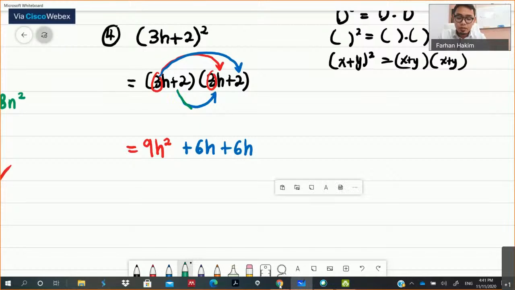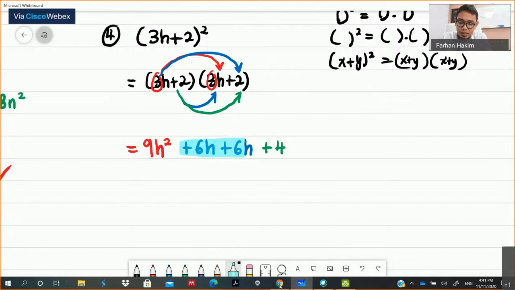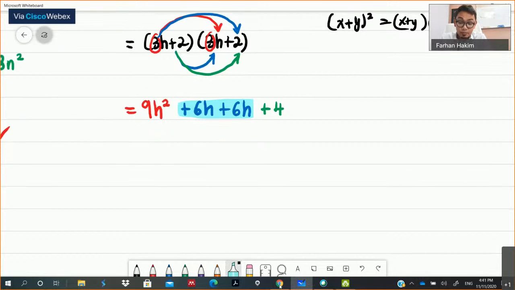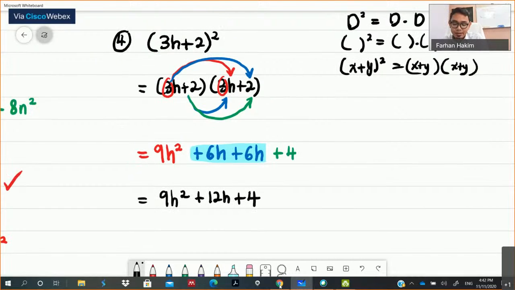And finally, 2 multiplied by 2 will get positive 4. All right, so we note that we can simplify that 6h together with 6h. So that will become positive 12h. So this can be written as 9h squared plus 12h plus 4. Okay.